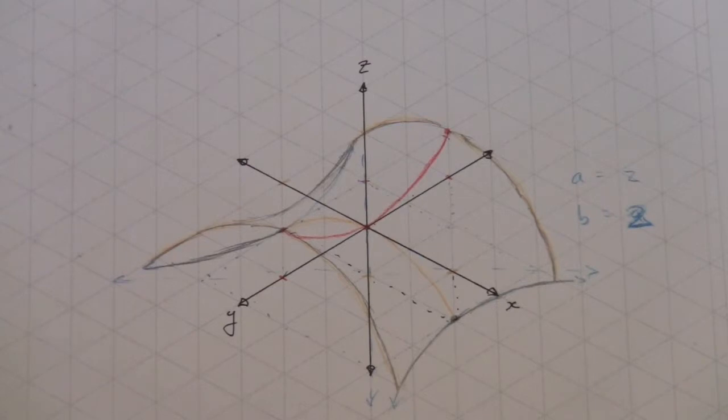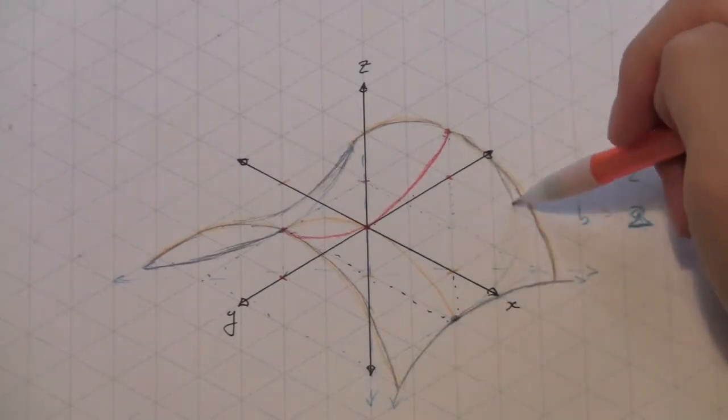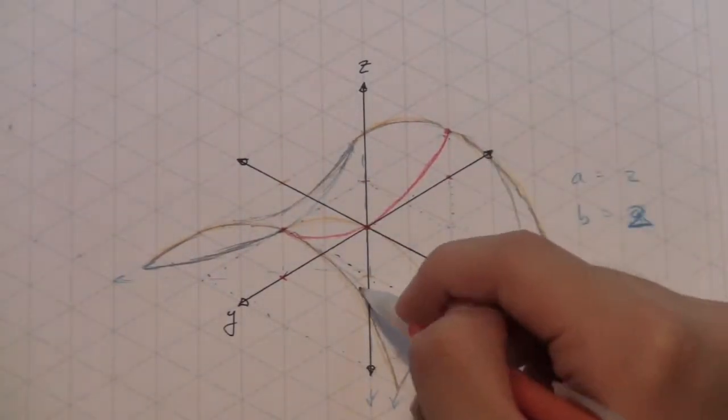So before I start shading, I'm just gonna make the most common hyperbolic paraboloid we see in our daily lives, which is a Pringle.